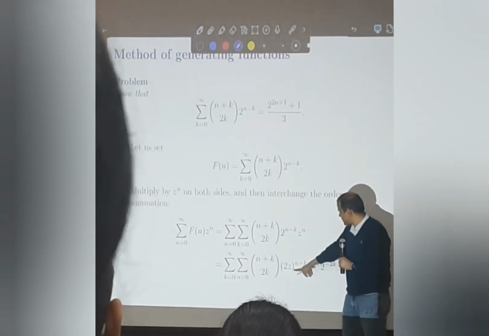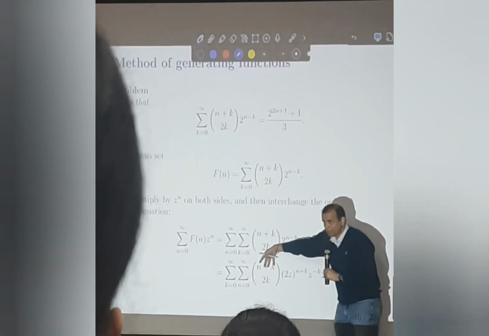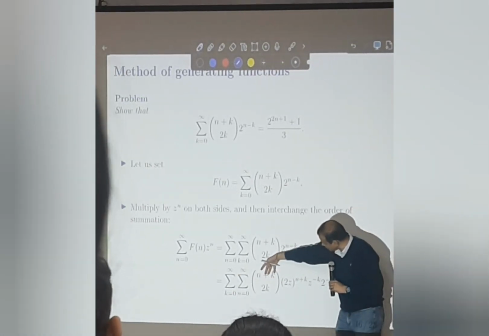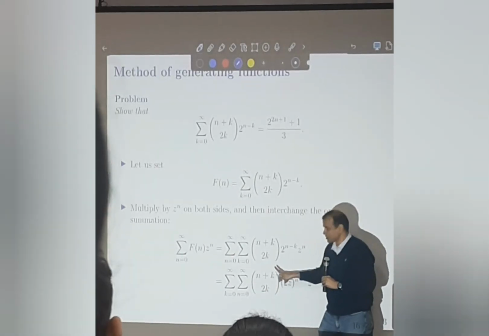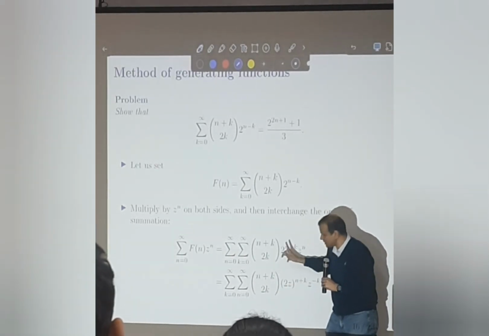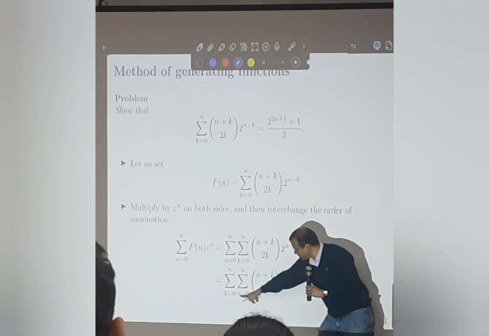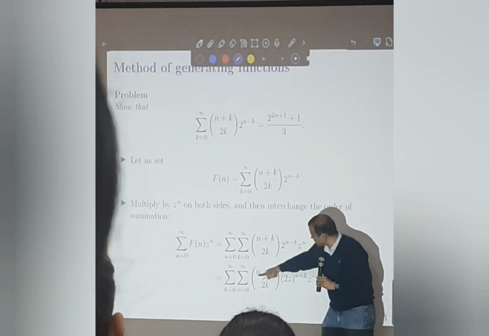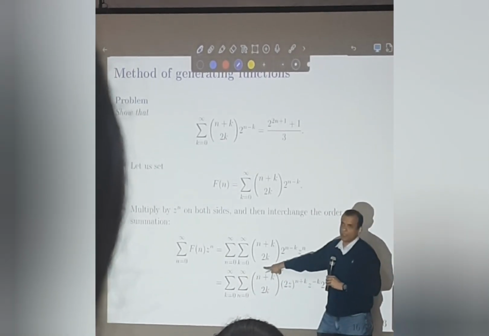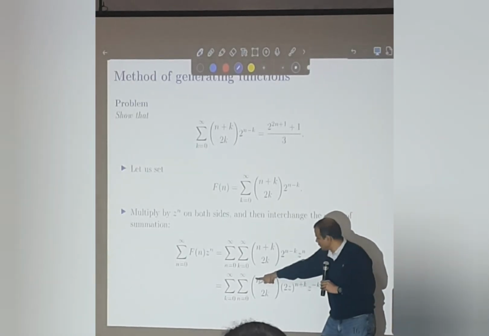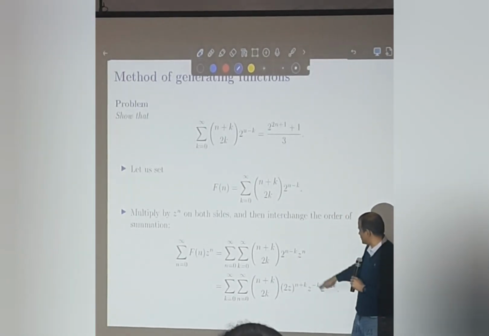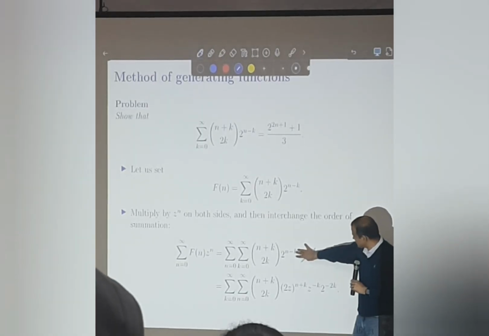Now I have set it up in such a fashion that it's the same as this n plus k. So I have 2z raised to n plus k, whatever this power is. Remember, k is fixed in this summation. n is the variable. So this n plus k runs from k to infinity. I have 2z raised to n plus k, and I have adjusted so that I get the same term as this one.